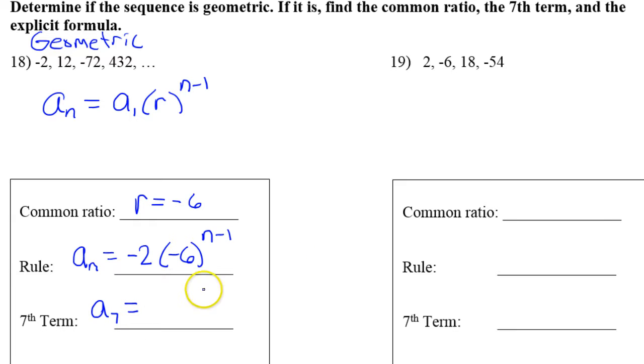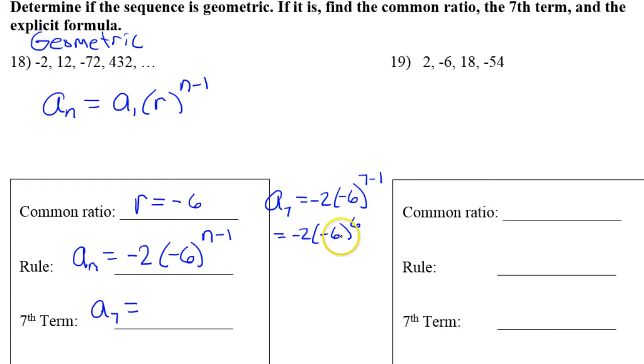So if we're going to find it, we will use this formula that we just got. If I want to find the 7th term, A7 is going to equal -2 times -6 to the 7-1 power. I'm putting 7 in for n. So that's going to give me -2 times -6 to the 6th power. 7 minus 1 is 6.